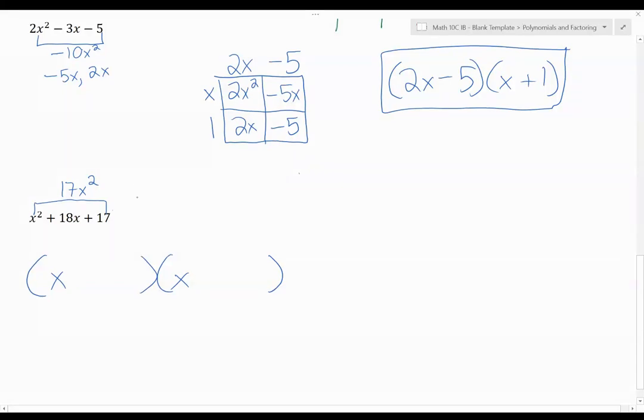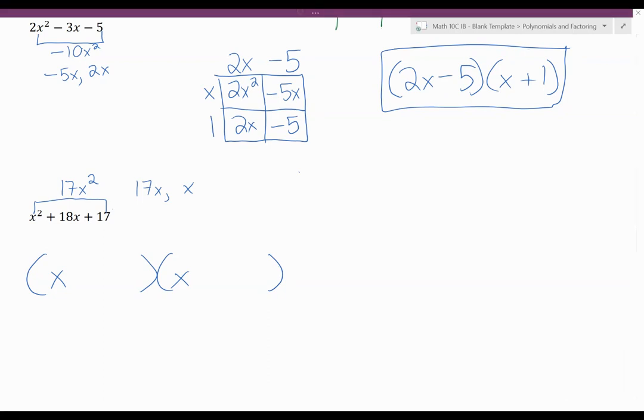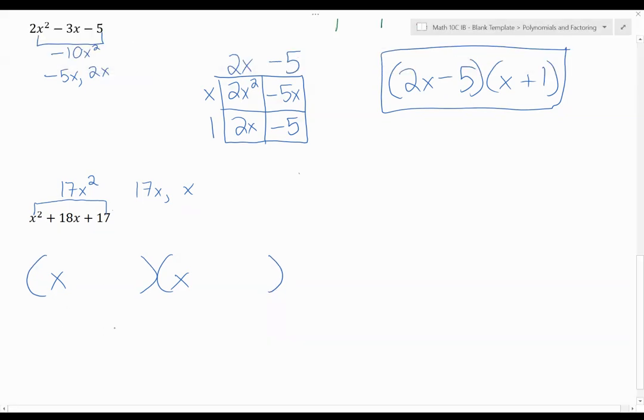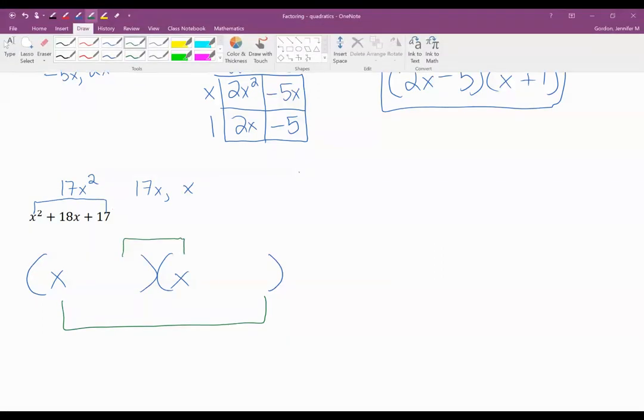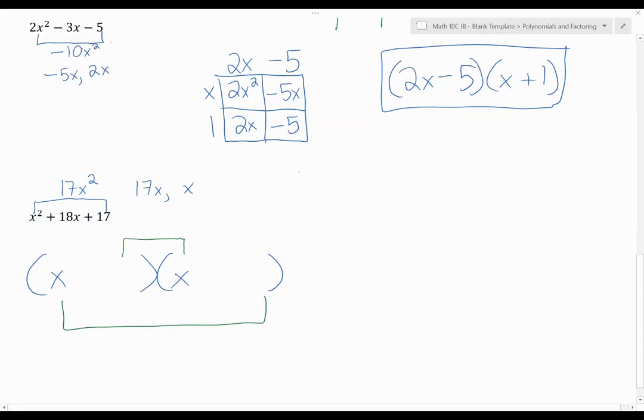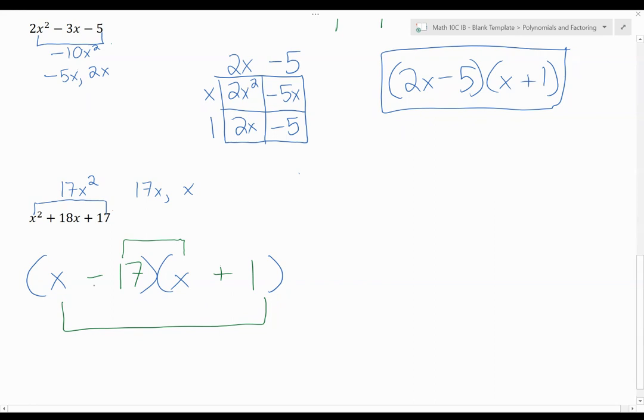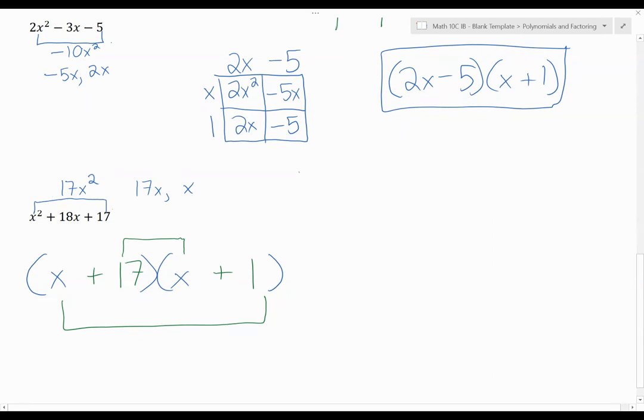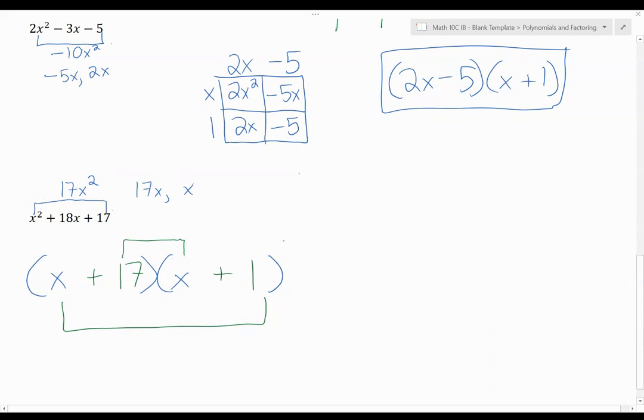And that's obviously going to be 17x and 1x. Remembering that those need to come from the outside and inside multiplications when I'm distributing, I would have to multiply x times 17, for example, to get 17x, and x times 1 to get 1x, and they are both positive. So my factors are x plus 17 and x plus 1.